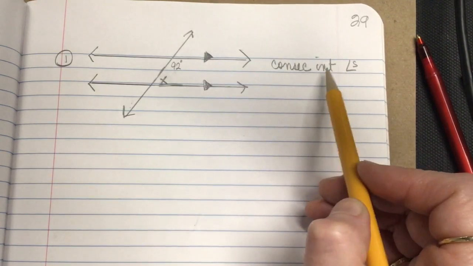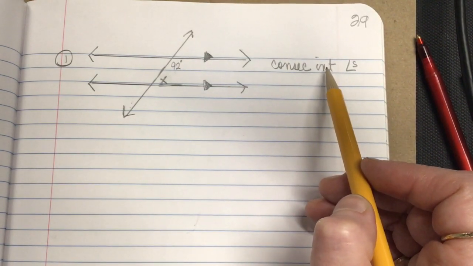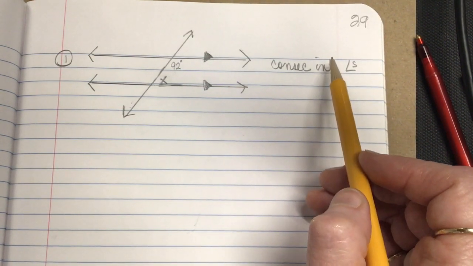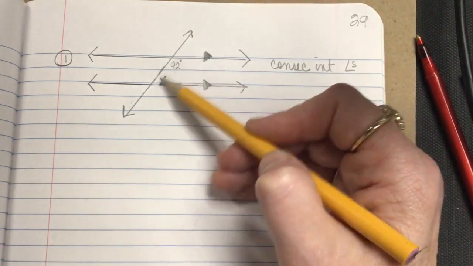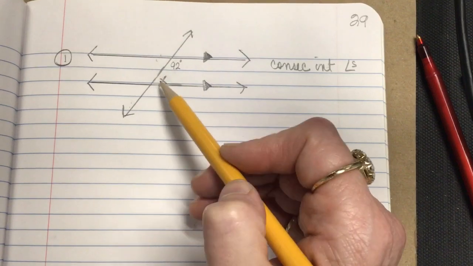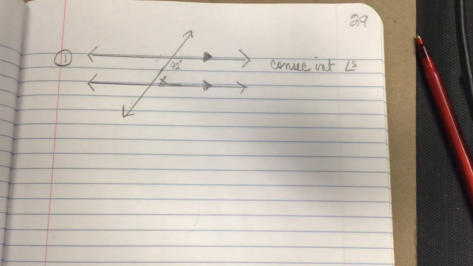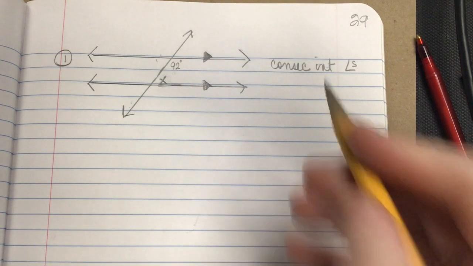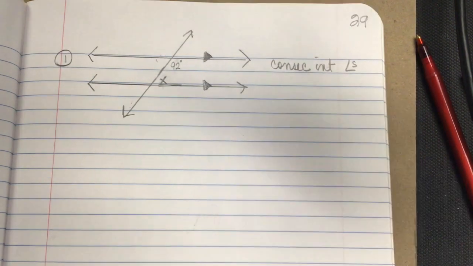So you could go ahead and write the interior down. And then if it's interior, it can only be one of 2 things. They can be on the same side, consecutive, or they can be alternating, one on one side, one on the other. We have to know that because what's the arithmetic here? What do we know about consecutive interior? What did we say on our cutout on page 28? Consecutive interior angles are supplementary.